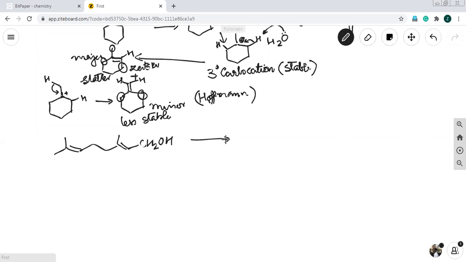Now if you take this compound and react with a periodo compound, per iodine, you will get exclusively this compound, CH2. This is what is called geraniol. It is present in rose water.